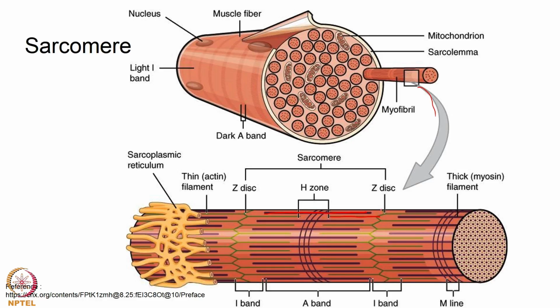Skeletal muscles are also called striated muscles, as in having stripes. These stripes are basically composed of alternating dark and light bands.